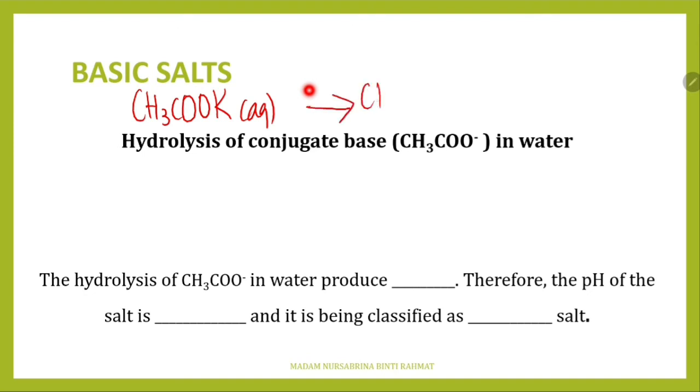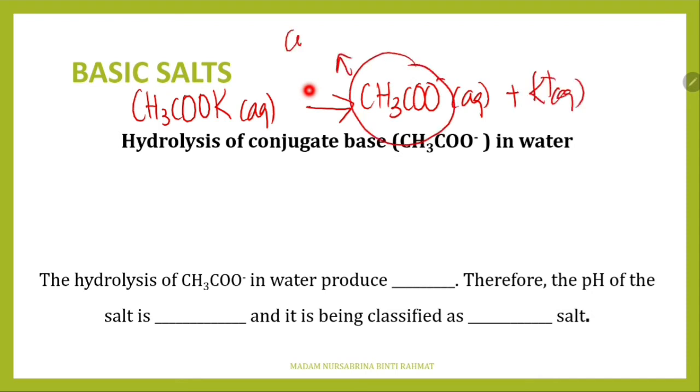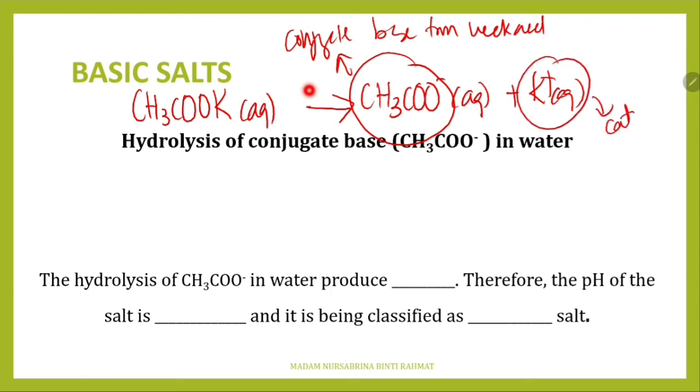You're going to produce CH3COO- plus K+. Your CH3COO- is your conjugate base from a weak acid, whereas your K+ is the cation from a strong base.